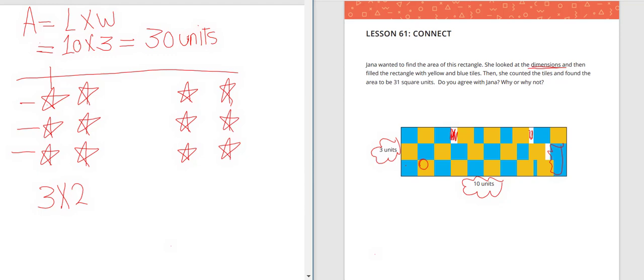But if we have another array with the same number of stars, we can do 3 times 2 times 2. It means 3 rows, 2 columns, and 2 for 2 arrays.